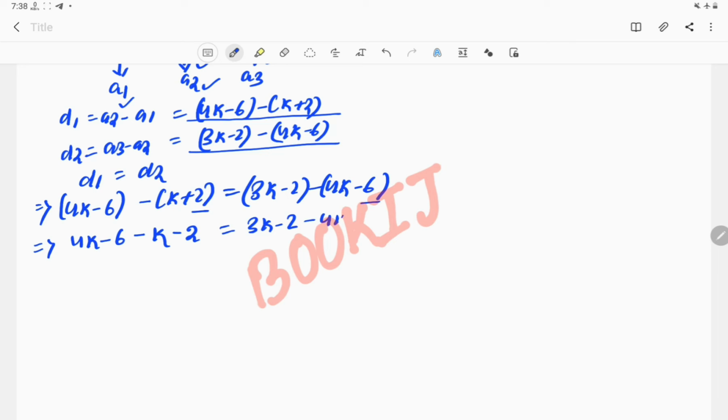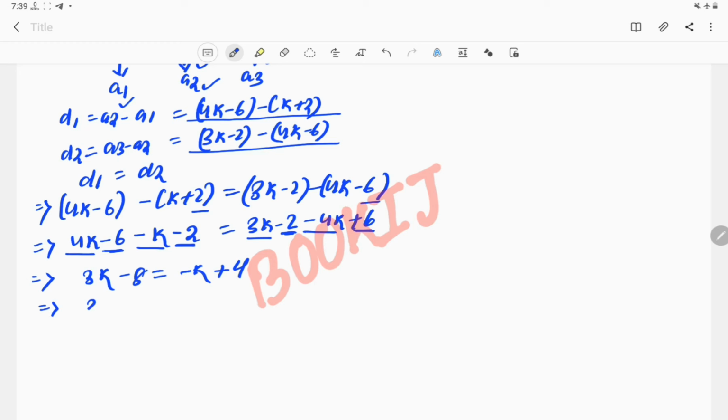The value is minus 4k plus 6. Now 4k minus k is 3k, minus 6 minus 2 is minus 8, equal to 3k minus 4k is minus k, minus 2 plus 6 is plus 4.